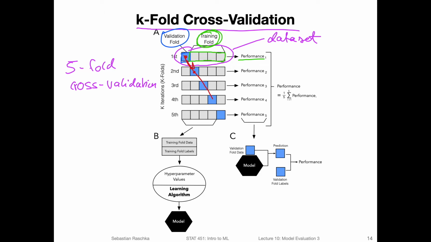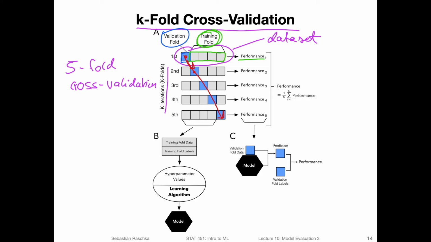So you keep going in each iteration. You pick a different validation fold, so the data points in the validation fold are different. In that way, you make use of all the data points for evaluation. So if we have 5-fold cross-validation, we will have 5 distinct validation folds, and there will be then 5 iterations.